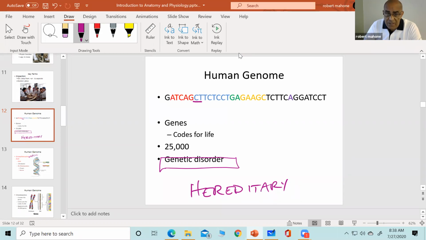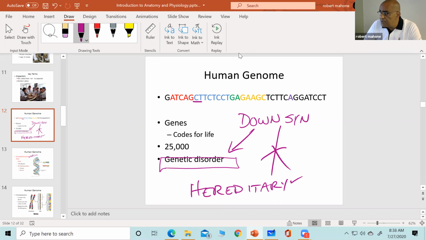If you inherit that disorder from your parents, it's called hereditary. Now, Down syndrome is genetic, but is not hereditary. You don't get it from your parents. Whereas cystic fibrosis is a genetic disorder that you get from your parents.